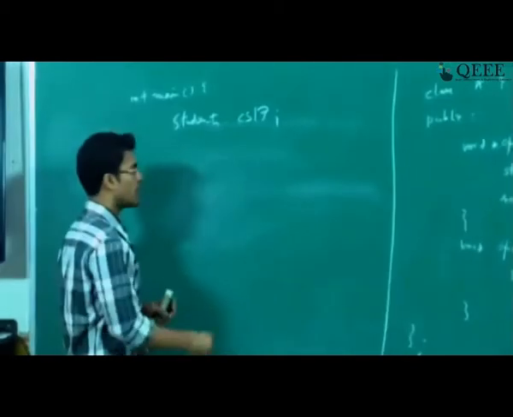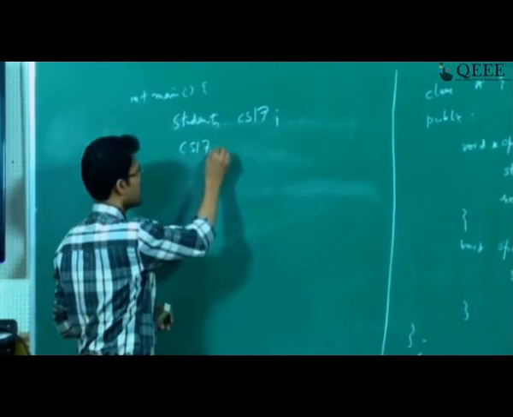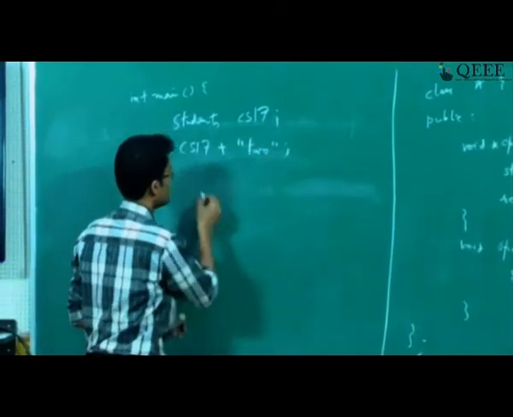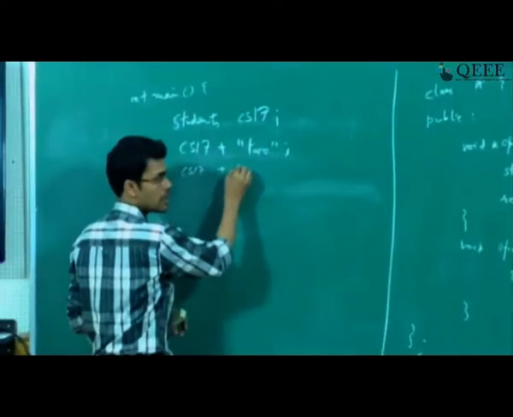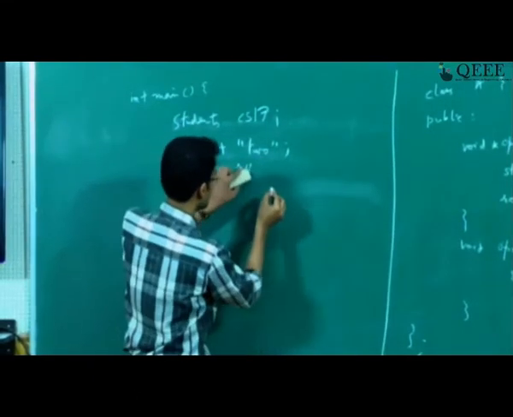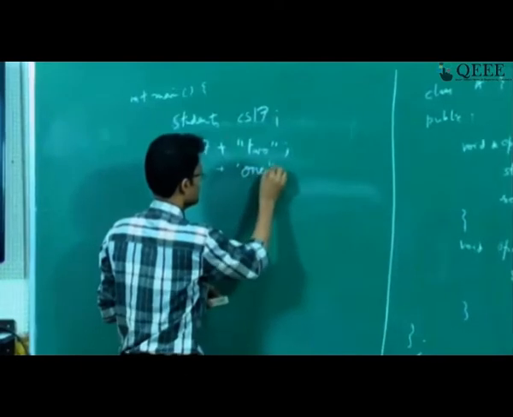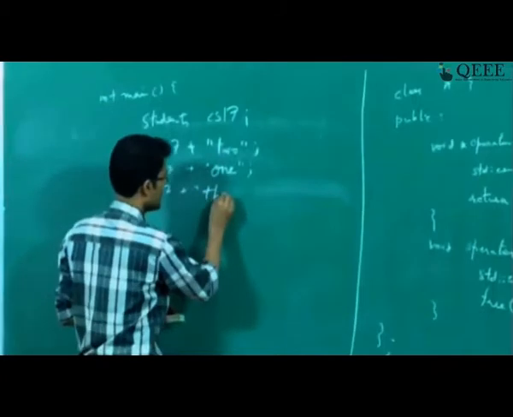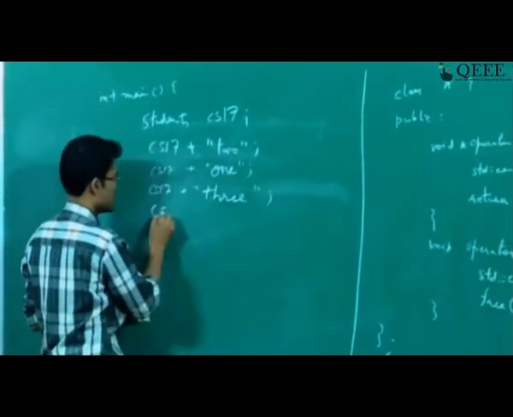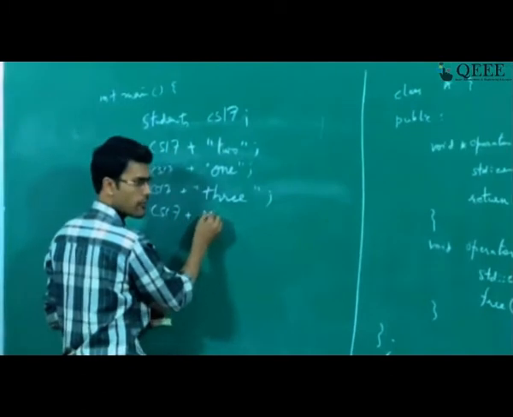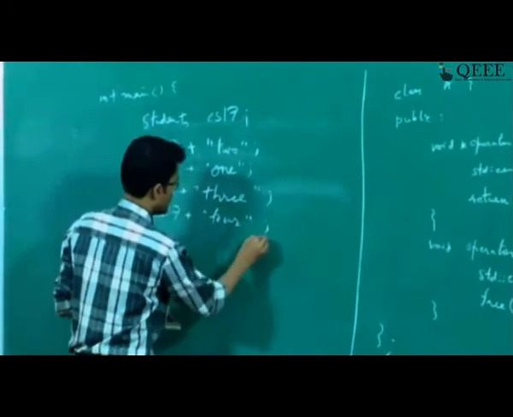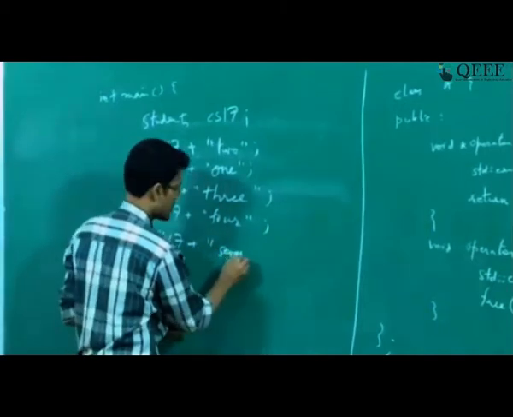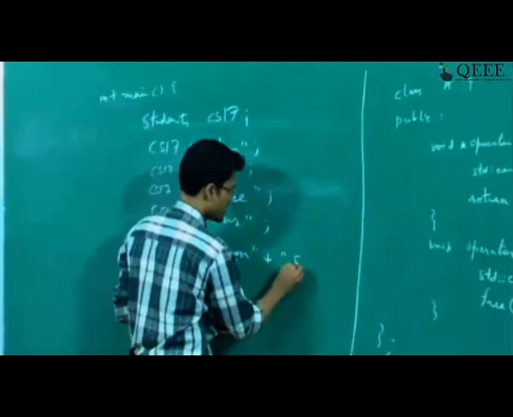Then what I have is some syntax: CS17 plus 2 and then CS17 plus 1 and then CS17 plus 3, CS17 plus 4 and CS17 plus 7 plus 6.